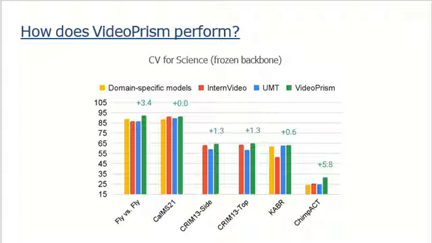In CRIM13 datasets, both side and top views show consistent gains of plus 1.3. KBR, related to robotics, shows a modest plus 0.6 improvement, but the highest standout is Chimp Act with a jump of plus 5.8, which is impressive considering how tricky behavioral ethology tasks are.